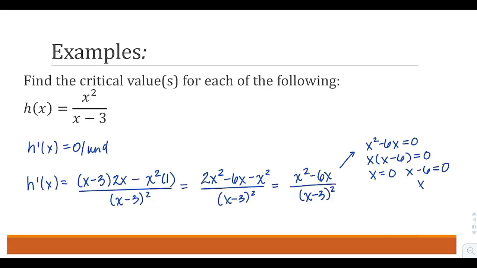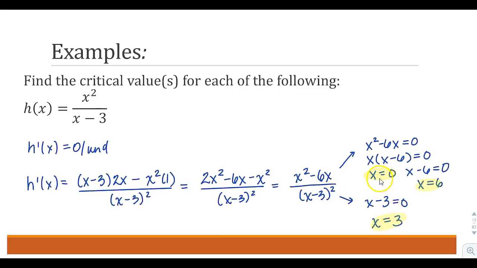So I get x equals 6. And then to find where this is undefined, I would set the denominator, or the factor in the denominator, equal to 0. So x minus 3 is equal to 0. So I have x equals 3. So right now I have 3 potential critical values: 0, 6, and 3.